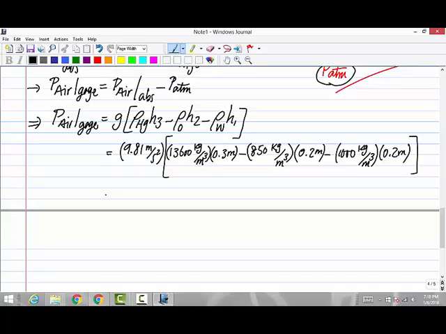And the answer is 36,400 kilogram per meter second squared.